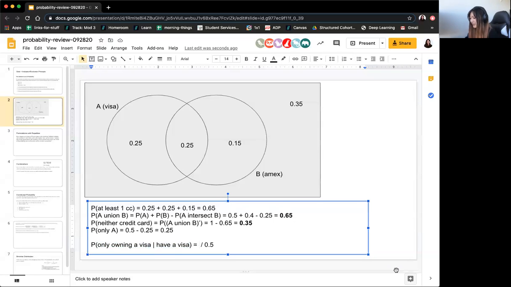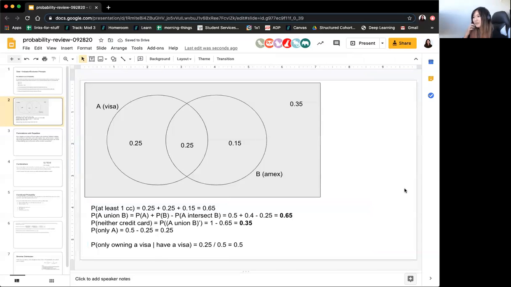So thinking about it like that, out of this bubble, what proportion is this crescent part? Feel free to interrupt me if that doesn't make sense, but that's how I like to think about it, which is how I arrive at 0.25 out of 0.5, which gives you half, or 0.5 again.